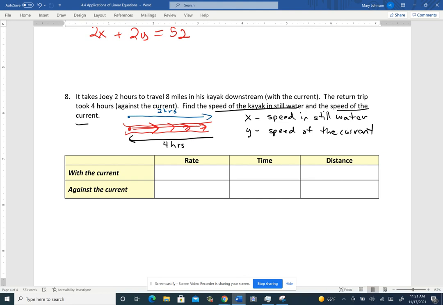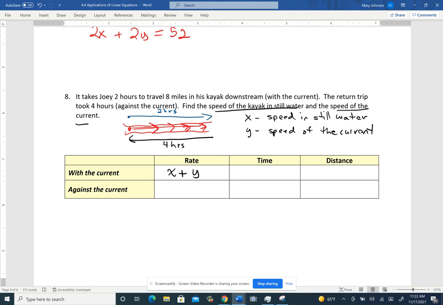All right. So this is the part I want you to really think about. If you're going with the current, then you're being helped. The current is pushing you even faster. So the speed you can paddle gets increased by the speed of the current. So you're paddling fast and the water itself is flowing.